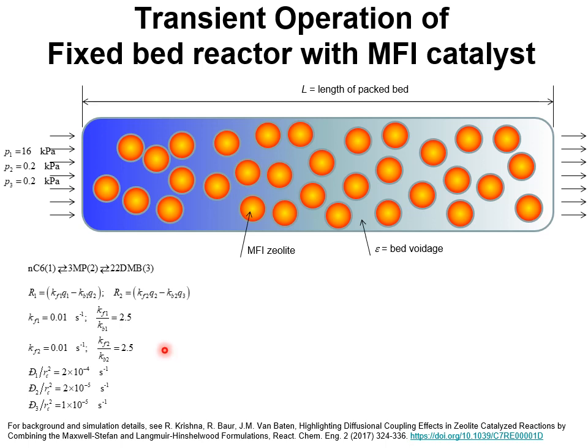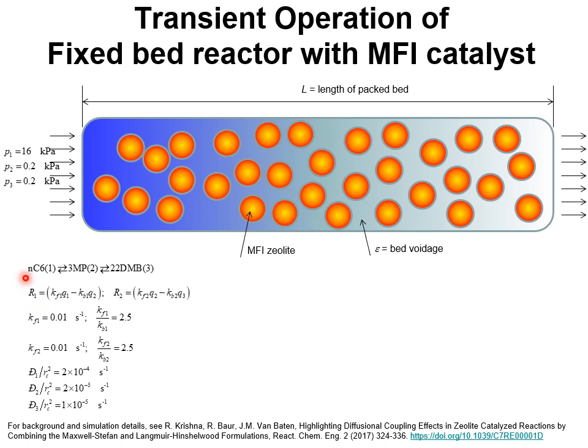We keep matters simple and consider 3 components. Component 1 is normal hexane, component 2 is 3-methylpentane, and component 3 is 2,2-dimethylbutane.